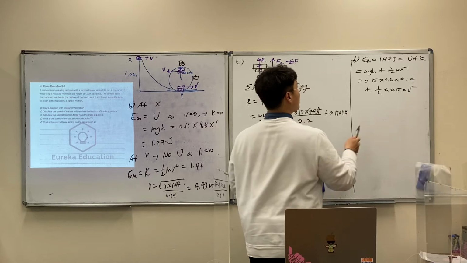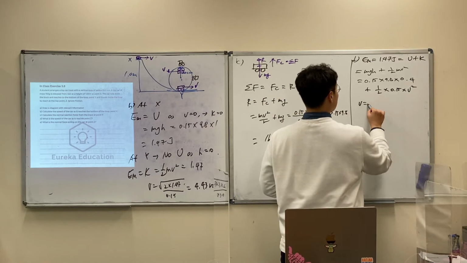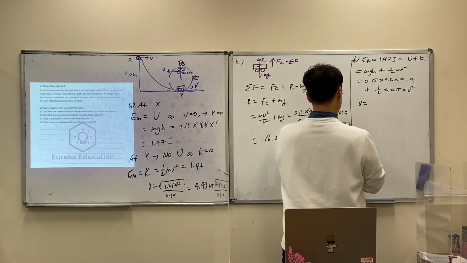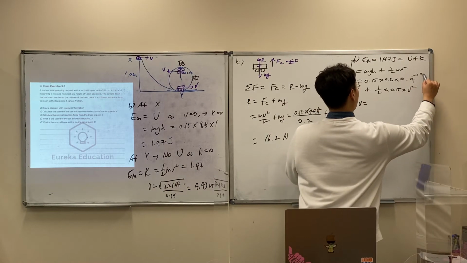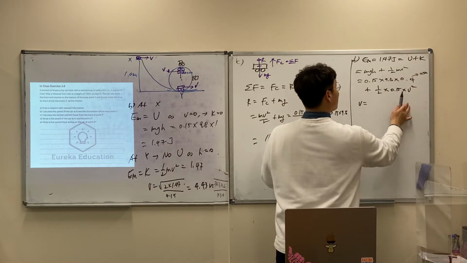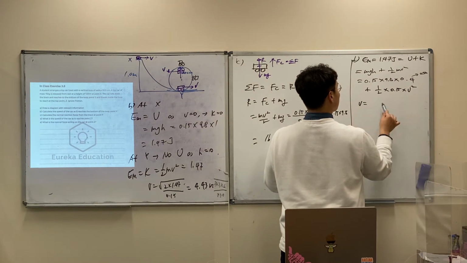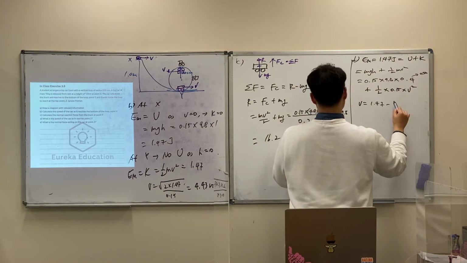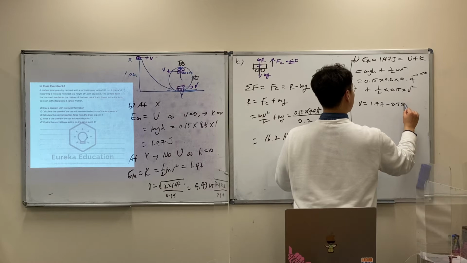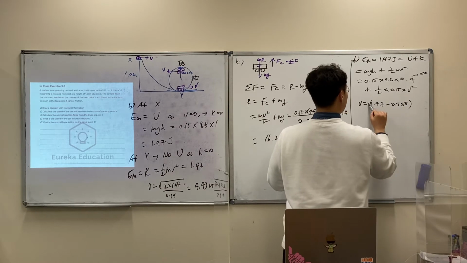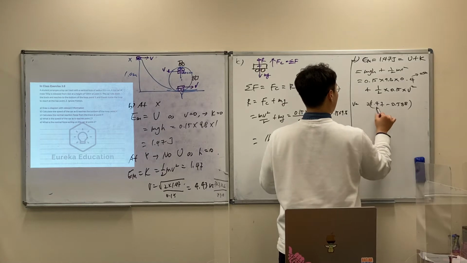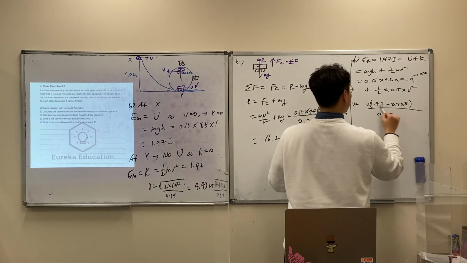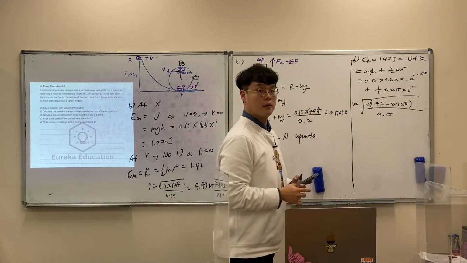So 1.47 equals that; let's find the value first. 9.8 times 0.4, that's 0.588, and move that: 1.47 minus 0.588, times 2, divided by 0.15, and square root of that.